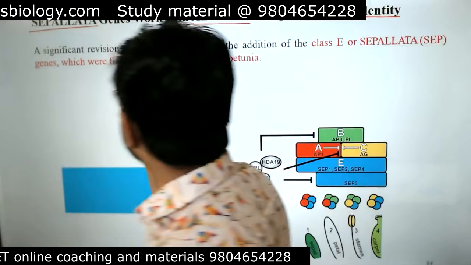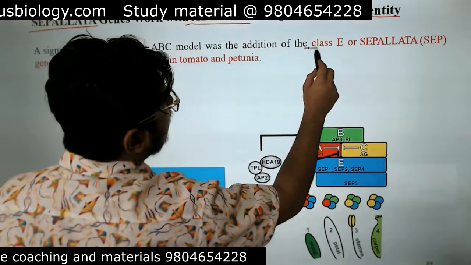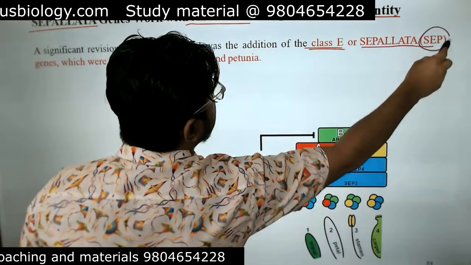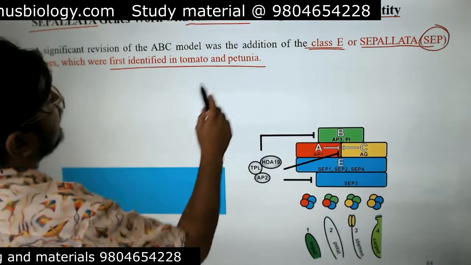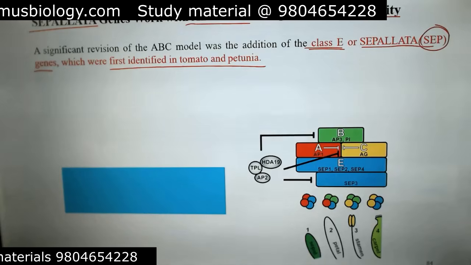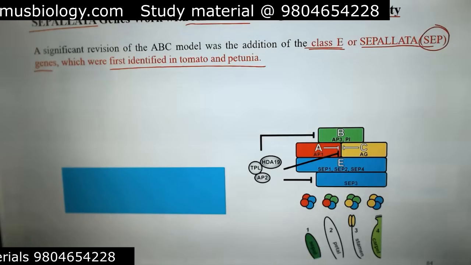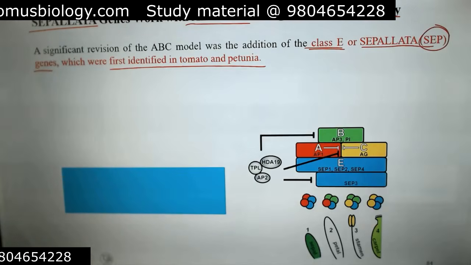Significant revision of the ABC model was the addition of the class E or sepalata genes, which were first identified in tomato and petunia. The thing is, this is also known as class E, just like class A, B, C genes. This one, sepalata, known as SEP or as class E gene products.